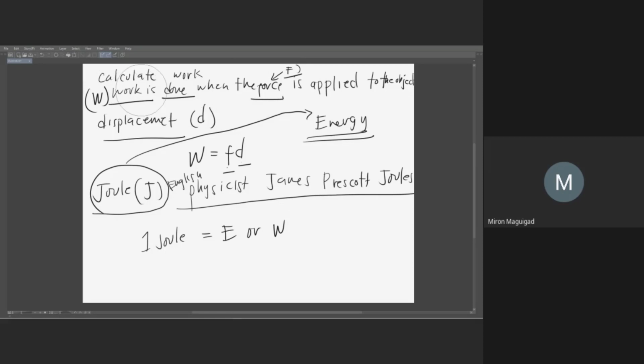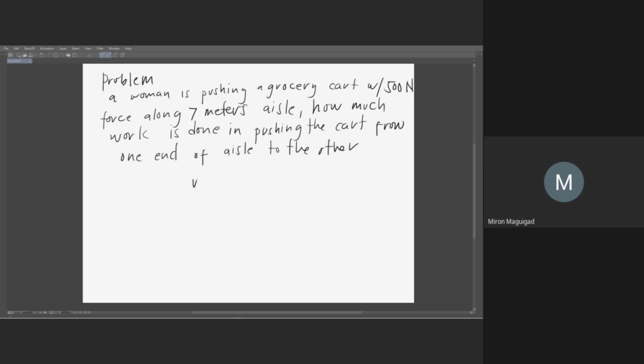So I'm going to erase this. Then let us answer or calculate simple problems. Let's have the formula for work. Let us have the problem first.